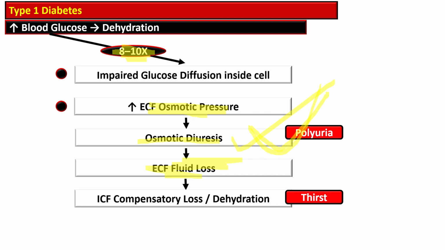So extracellular dehydration from fluid loss in the urine occurs. This will result in intracellular dehydration as water shifts out of the cell to balance the osmotic gradients. Then there is increased thirst or polydipsia, that is the compensatory mechanism to restore fluid balance.